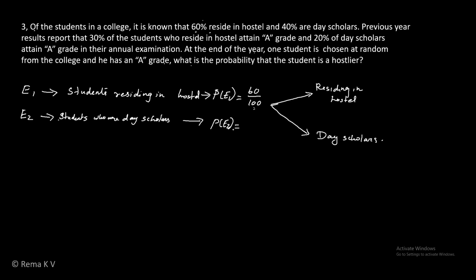What is the probability of E2? It is 40 by 100. Is this clear now? You got E1 and E2 and their probabilities.